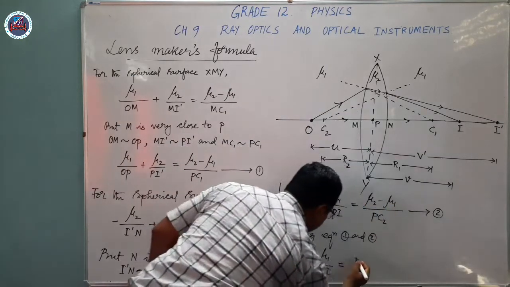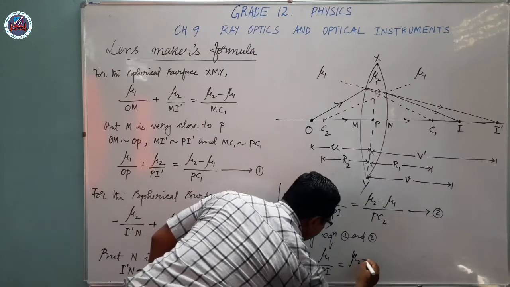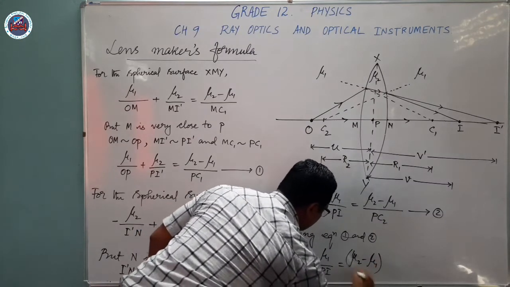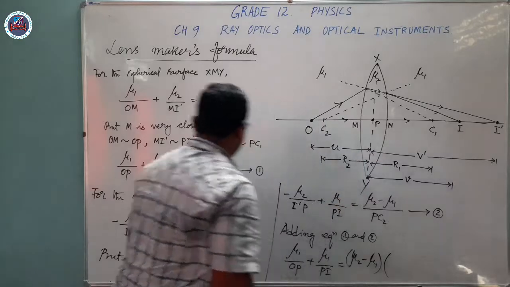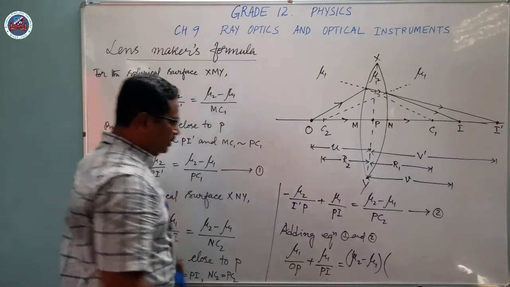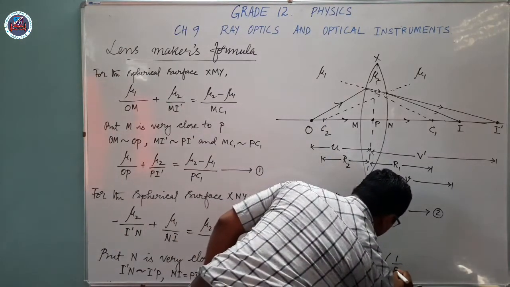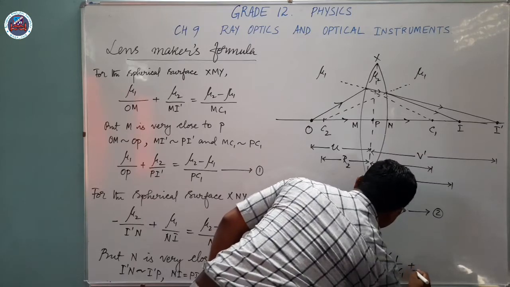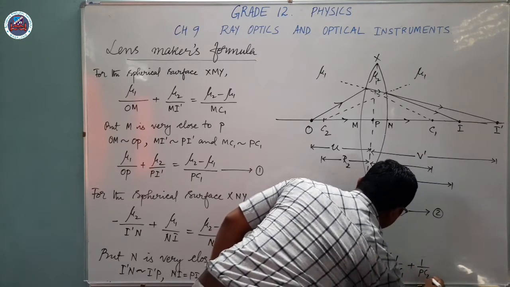left hand side also, right hand side in equation 2 also mu2 minus mu1. mu2 minus mu1, you take it as common, and in the bracket you can write 1 by PC1 plus 1 by PC2.